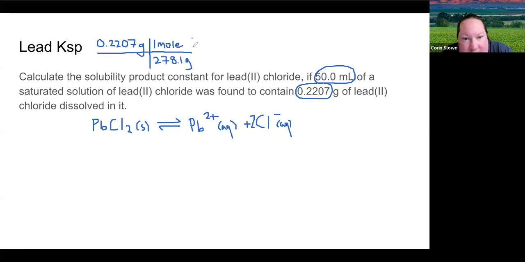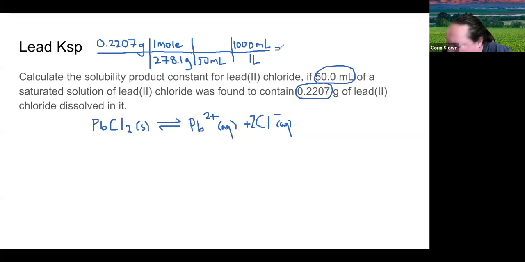Now, in this case, they also give us some information about our volume. So we have 50 milliliters. Now, usually our molarity is represented in moles per liter, so we need to convert that from milliliters, 1,000 milliliters, to 1 liter.